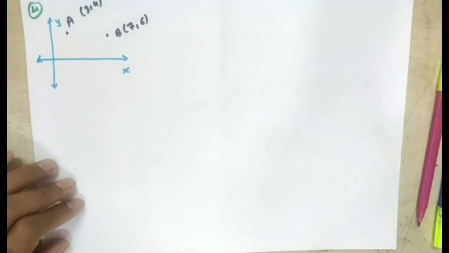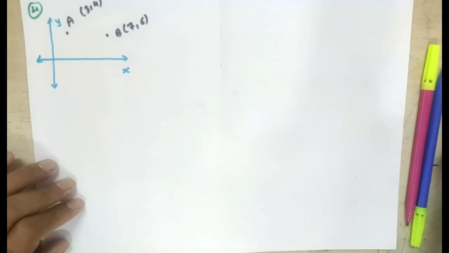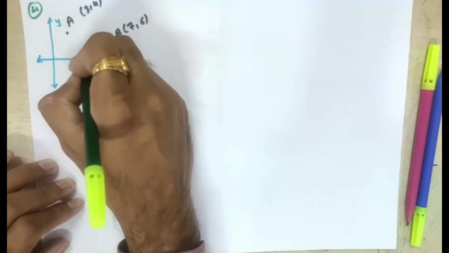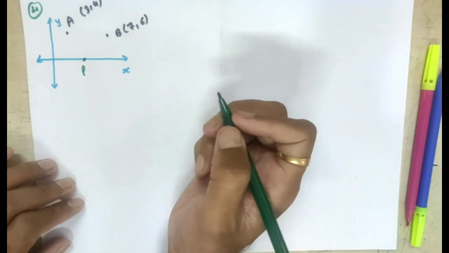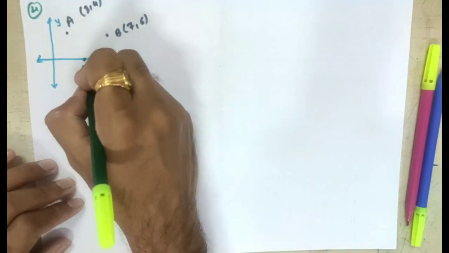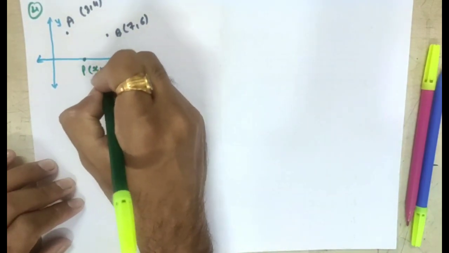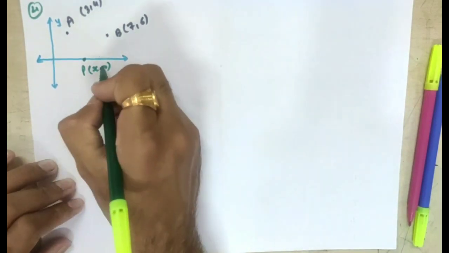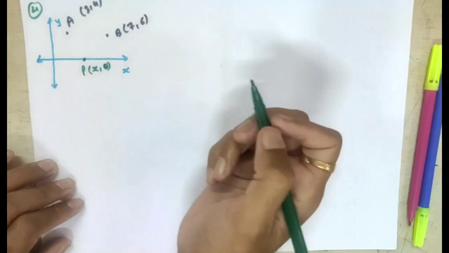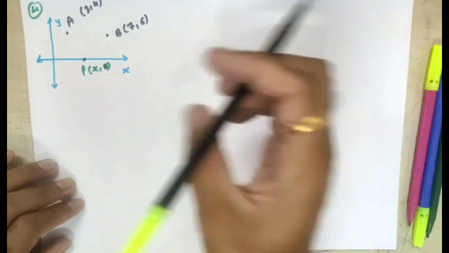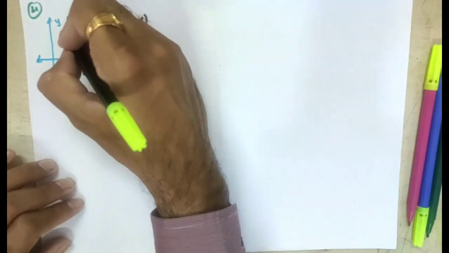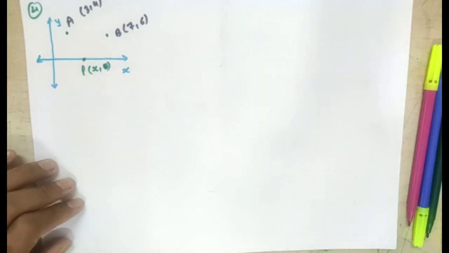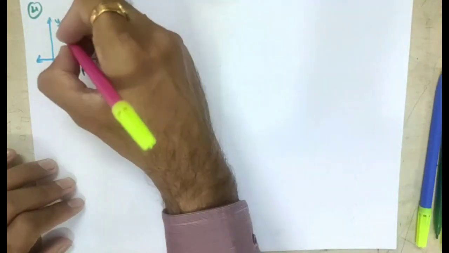We have to consider one point on the x-axis. So let's say a point on the x-axis is the point P. So point P lies on the x-axis. Let's assume its coordinate will be x0. Because point P lies on the x-axis, its y coordinate will be 0. Done? So the distance of this point P from point A as well as point B are equal.